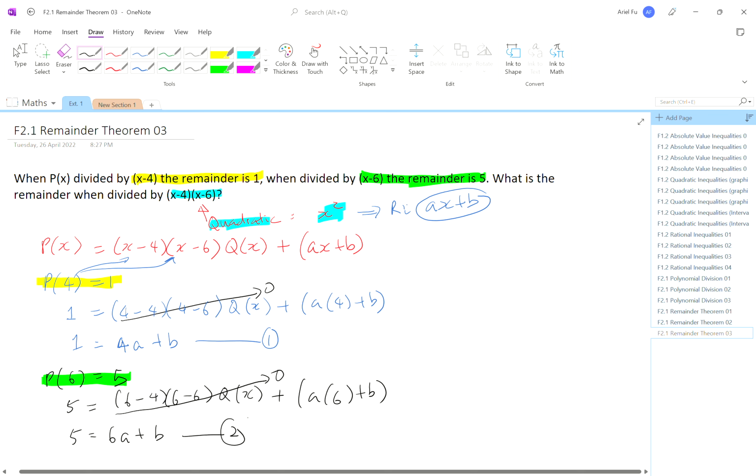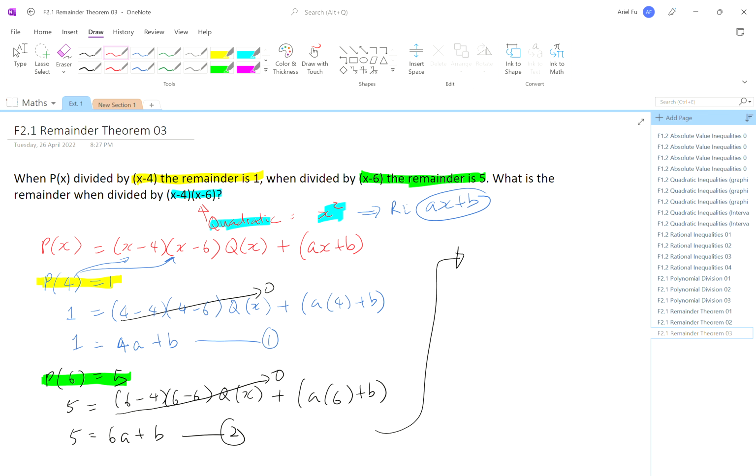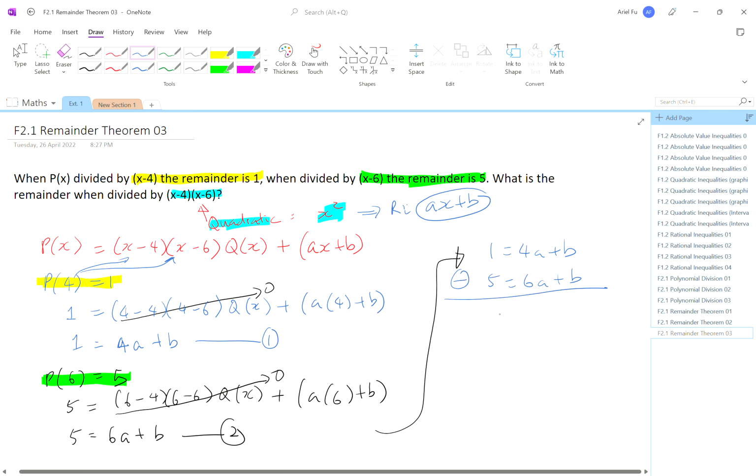We've got two equations. From here, it is simply solving two simultaneous equations. So we have 1 equals 4a plus b, and 5 equals 6a plus b. If I subtract, I'm going to get 4 equals 2a, and therefore a equals 2.